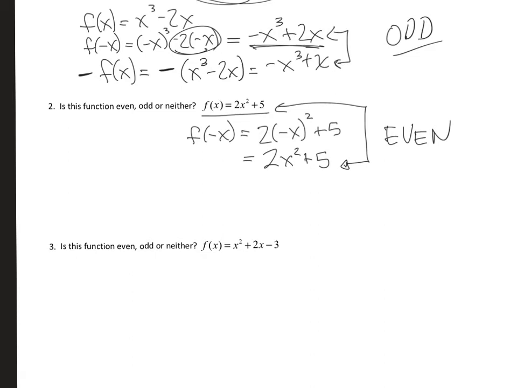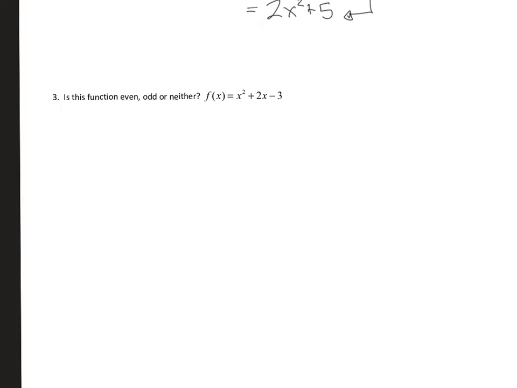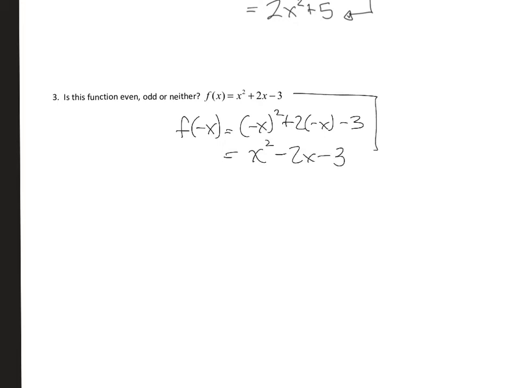All right, so now let me move this up, and let's try this one. So let's evaluate this function at negative x. So negative x squared plus 2 times negative x, which if I simplify becomes x squared minus 2x minus 3. These are not equal, all right? They're close. It's really close, but it has to be exact.